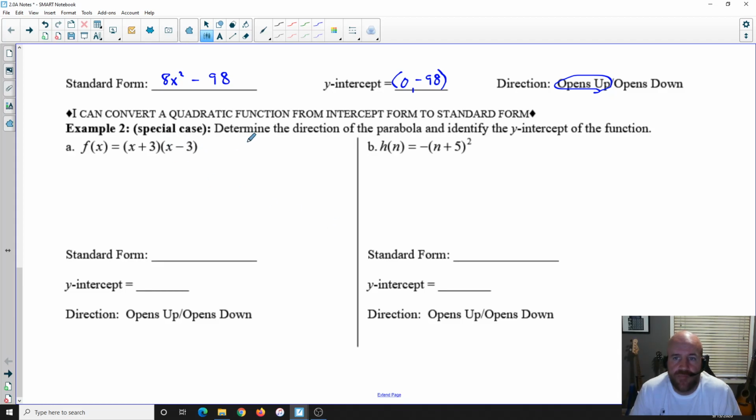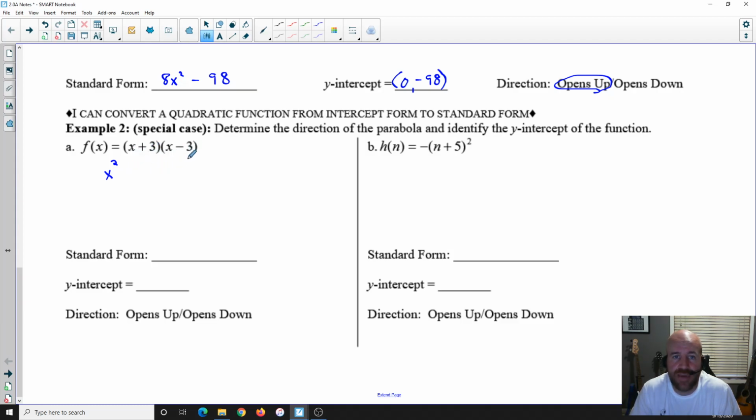Example 2, doing the same thing. We have 2 binomials multiplying together. We have a special case here because it is a positive 3 inside and a negative 3. So we'll see what happens with that. You might remember this from Algebra 1. So x times x is x squared, and then we have a 3x, and then a negative 3x.